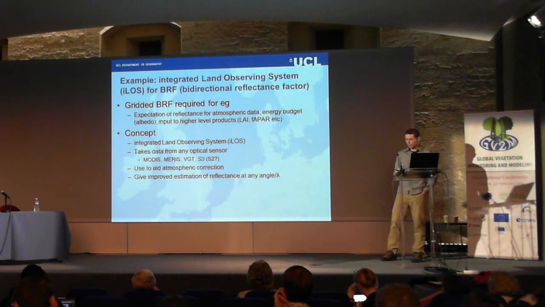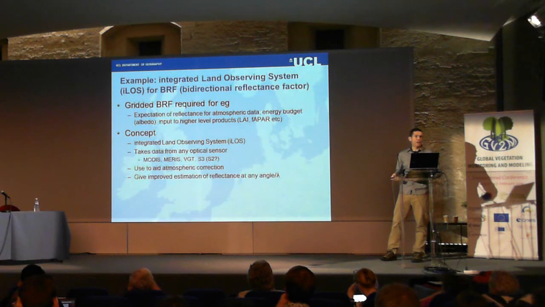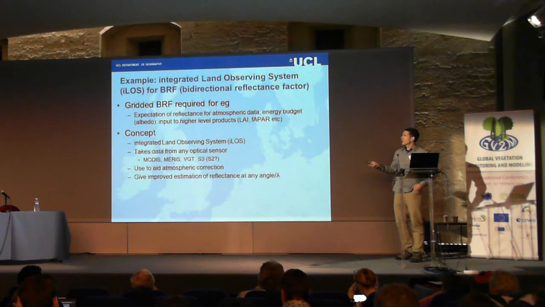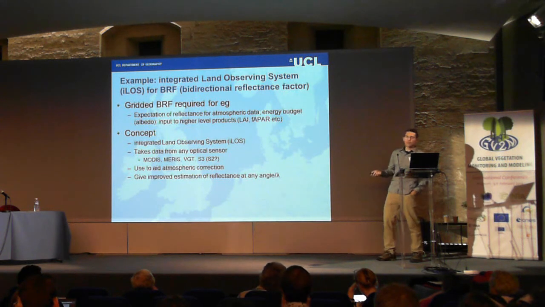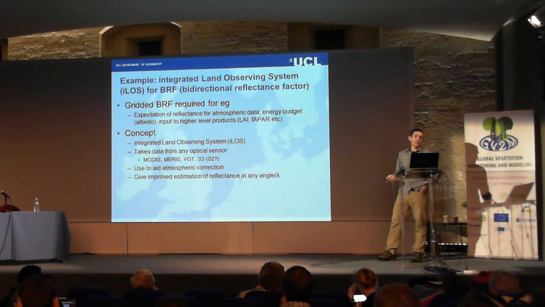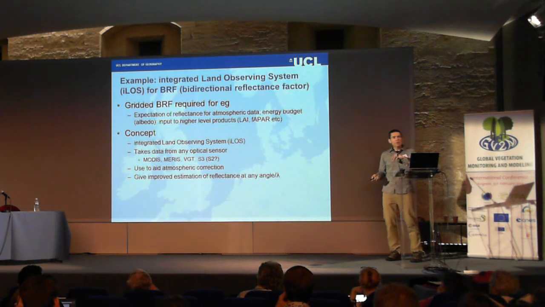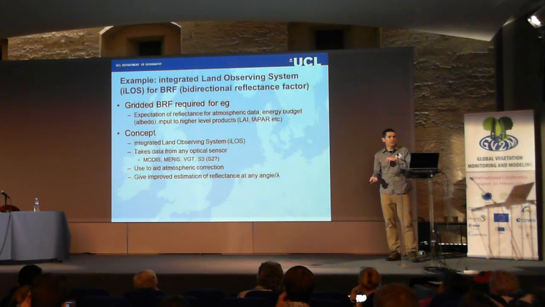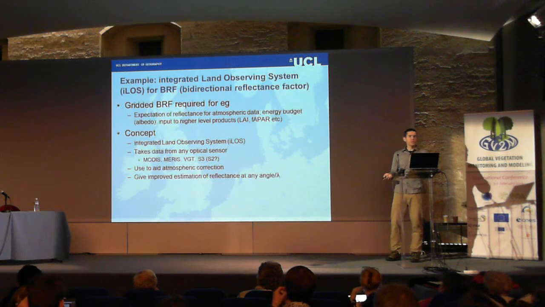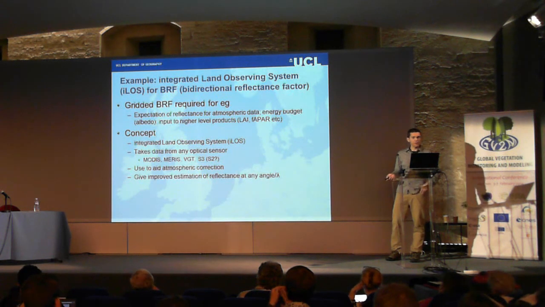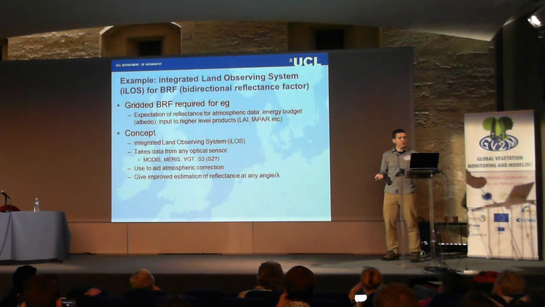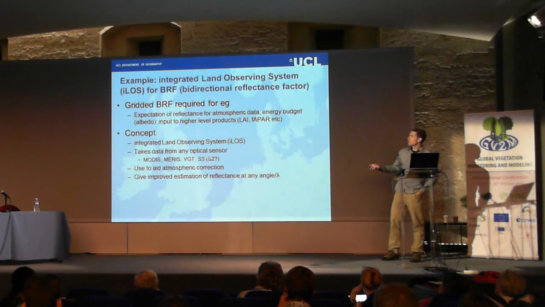This is for surface reflectance, which is not top of atmosphere, but it's not LAI either. In complexity, it's somewhere in between. Gridded surface reflectance products are required for quite a lot of things, many of them including deriving other products from them. But again, we're a little bit more comfortable from an EO perspective dealing with this aspect of it because we can understand the uncertainties perhaps better. But it's a starting point.